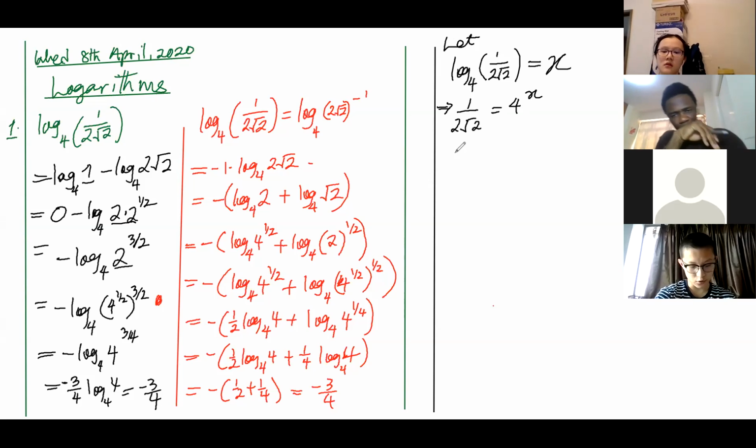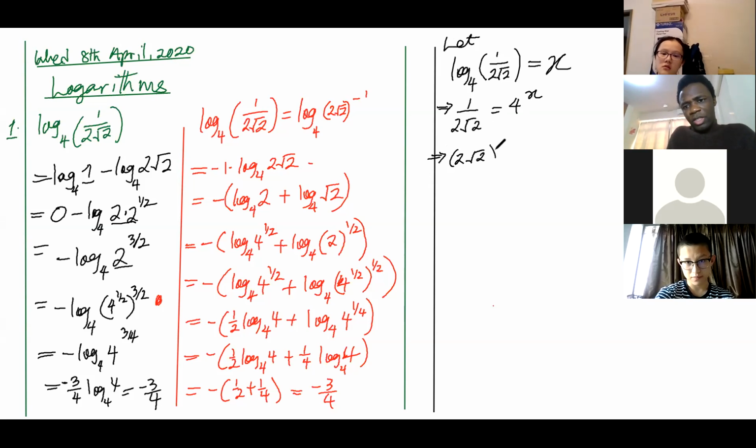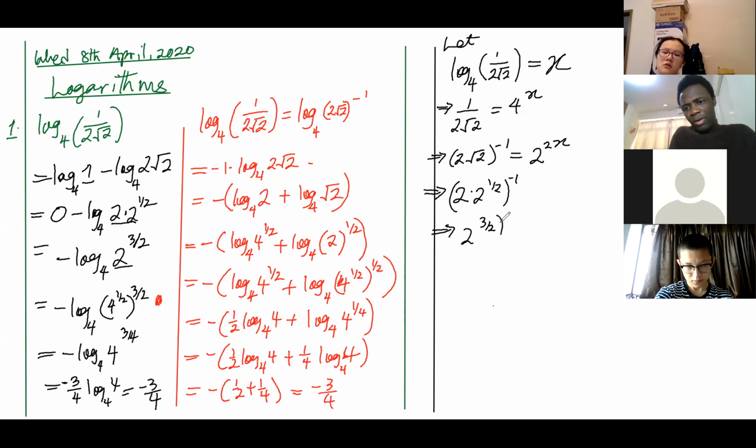And then I put (2√2) to the power of -1, so this means 2√2 to the power of -1, equals 2 to the power of 2x. Right. And I changed 2√2 into 3/2. 3/2, that is 2 times 1/2, to the power of half, which gives 3/2 to the power of -1, I mean not half.